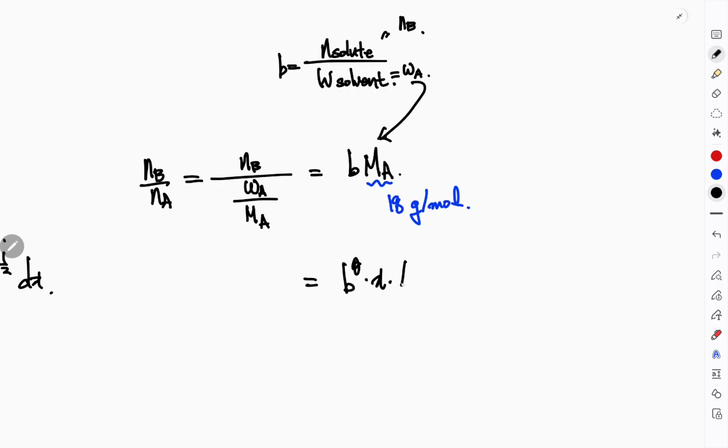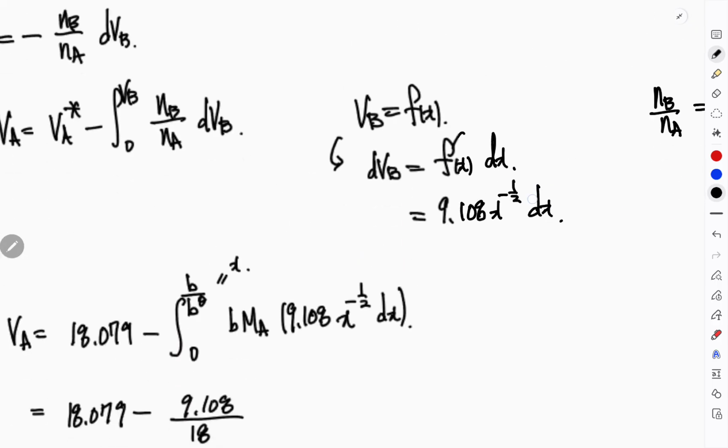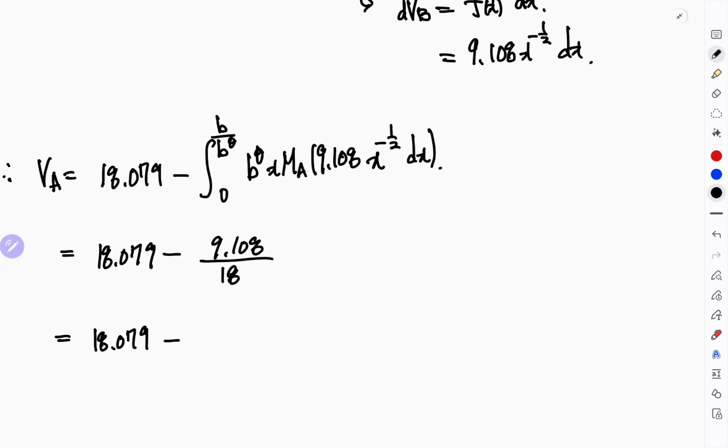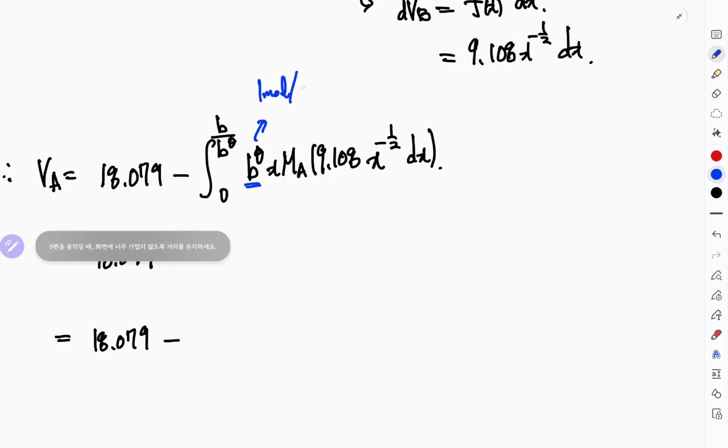This will be x to the power of 1/2. Then we can integrate this x, and the rest of it is just a constant. So b naught is 1 mole per kilogram, and M_A is 18 gram per mole.